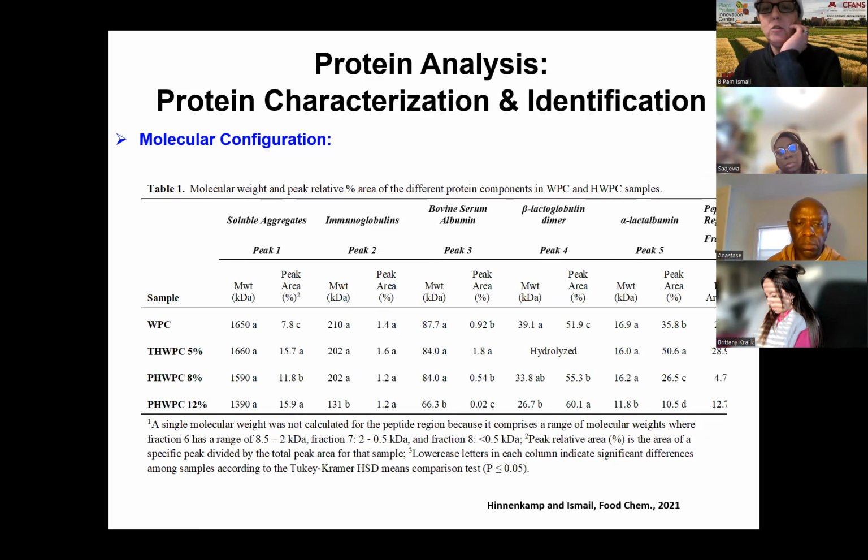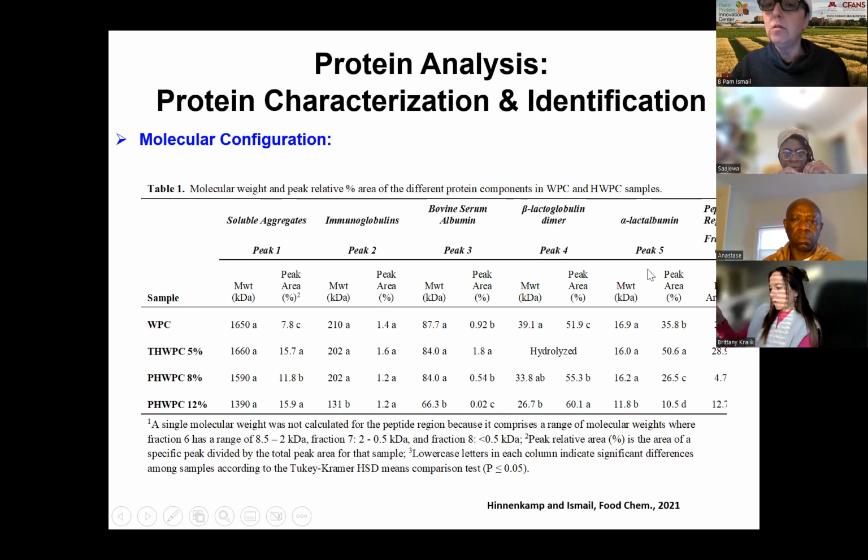So this is a table she generated from her chromatograms where she looked at the different whey protein components. Beta-lactoglobulin usually at pH 7 migrates as a dimer, and then alpha-lactalbumin migrates as a monomer, and then the generation of peptides here.